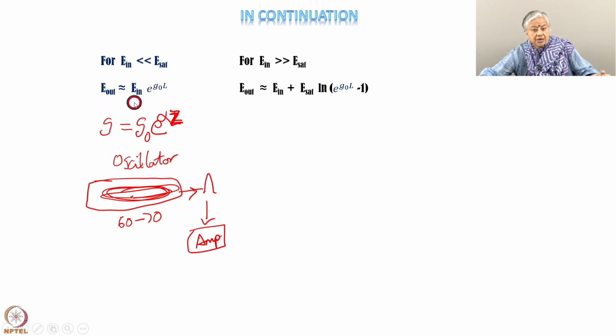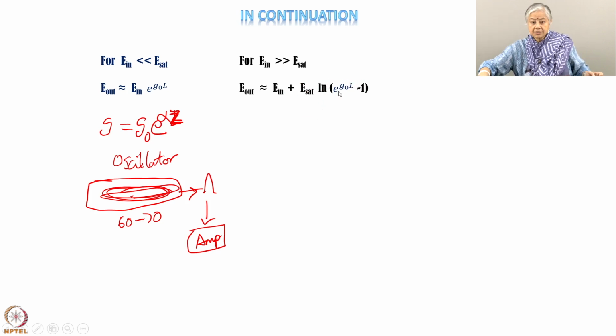So, you can write E out will be E in e to the power G0 L. Now, suppose E in becomes much more than E sat. Then Frank-Nortwick's equation reduces to this. You can actually do it quite easily.